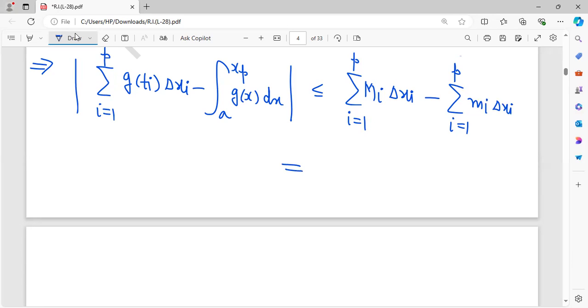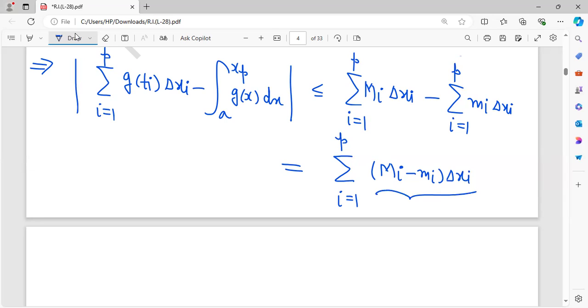But this is nothing but equal to summation i goes to 1 to p of Mi minus mi, delta xi.